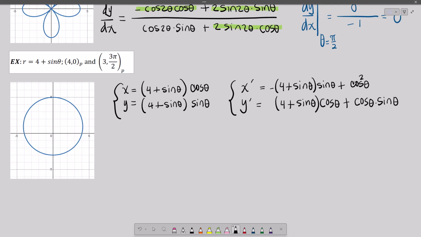Okay, now this one we have some simplification we can do also. If we're going to rewrite this whole thing, let's try to do 2 steps in one. So y prime will be 4 cosine theta, and then if we distribute the cosine here, we're going to get sine cosine, and here we get sine cosine, so it's 2 sine cosine.